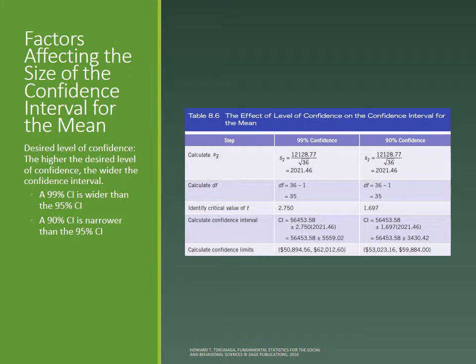So for a 99% confidence interval, our range is about $51,000 to $62,000. If we use a 90% confidence interval, our range is 53,000 versus almost 60,000. So 90% has a smaller window, but there's more room for error. And 99% has a larger window, but there's very few people that are going to fall outside the $51,000 to $62,000 salary range.